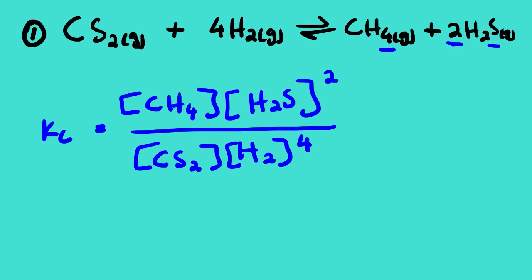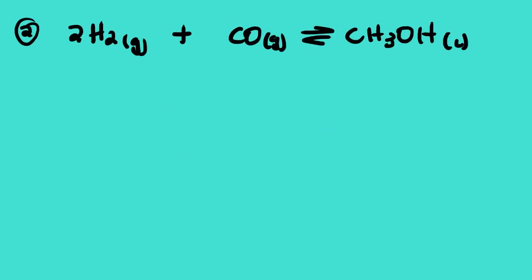Let us move to the next one. Let us look at this one. Remember, pause the video, work out and play the video to verify. So we have Kc, it's equals to the product, as you can see that it's in liquid phase, so we cannot write anything.